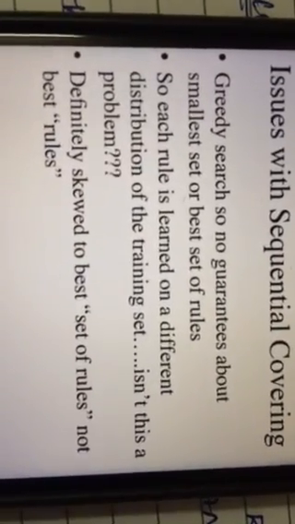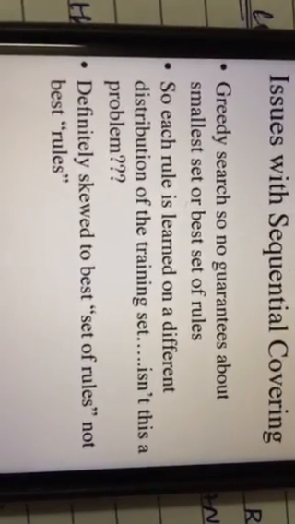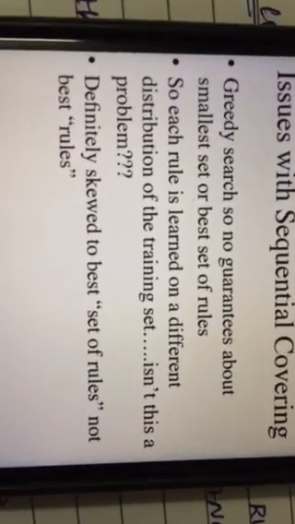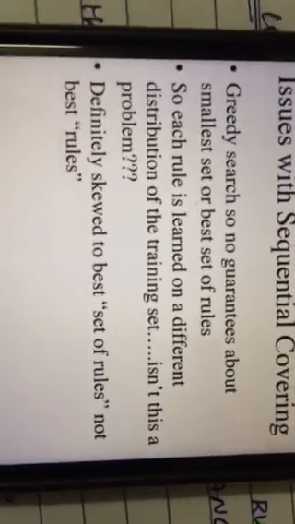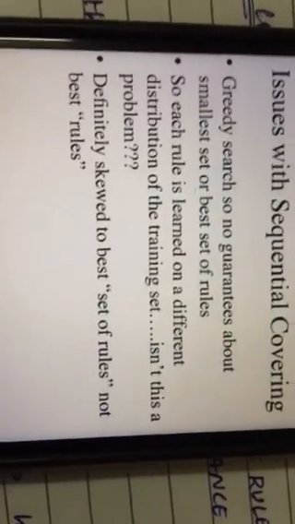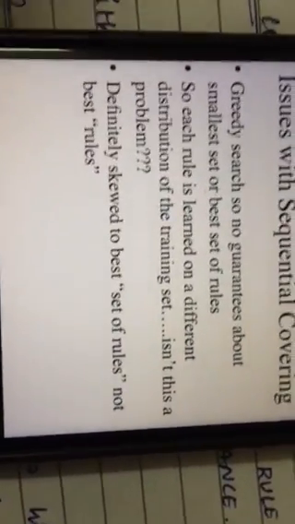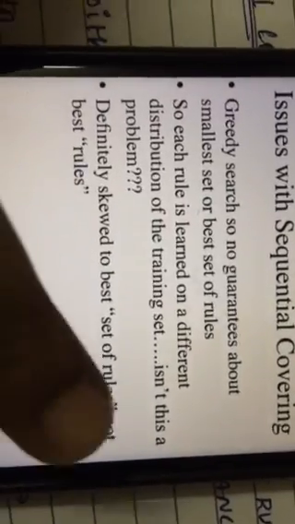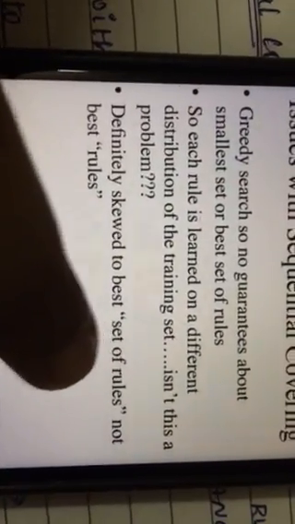With the greedy search, there are no guarantees about the smallest set or best set of rules. Each rule is learnt on a different distribution of the training set. Isn't this a problem? Yes, obviously it is a problem. It is definitely skewed to a best set of rules, not the best rules. In a sequential covering algorithm, we are going to get a set of rules.